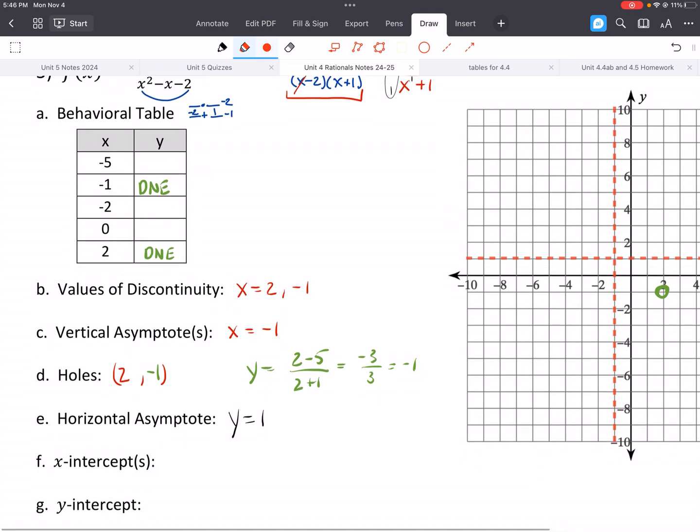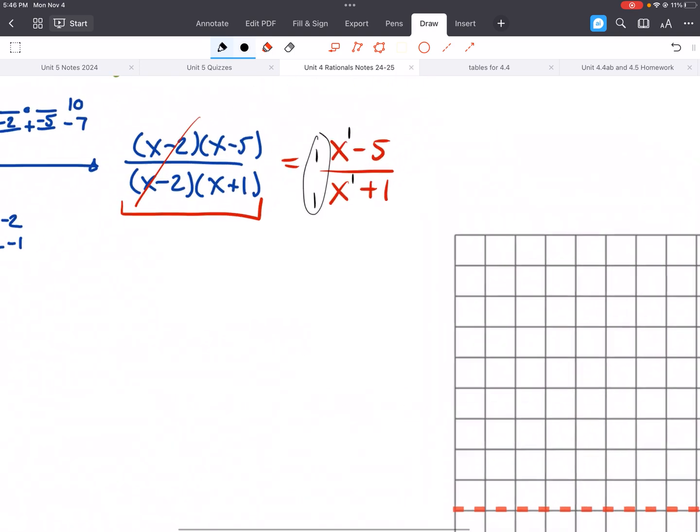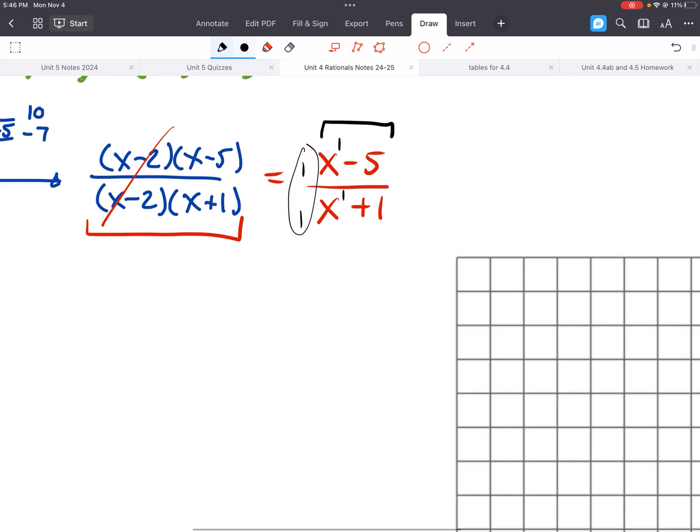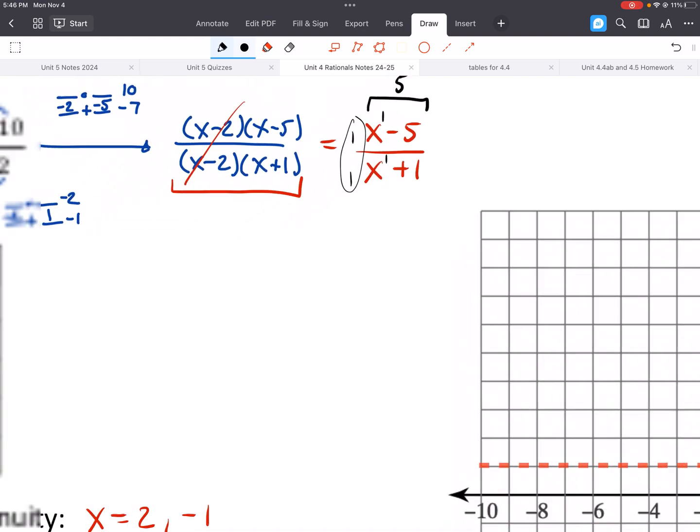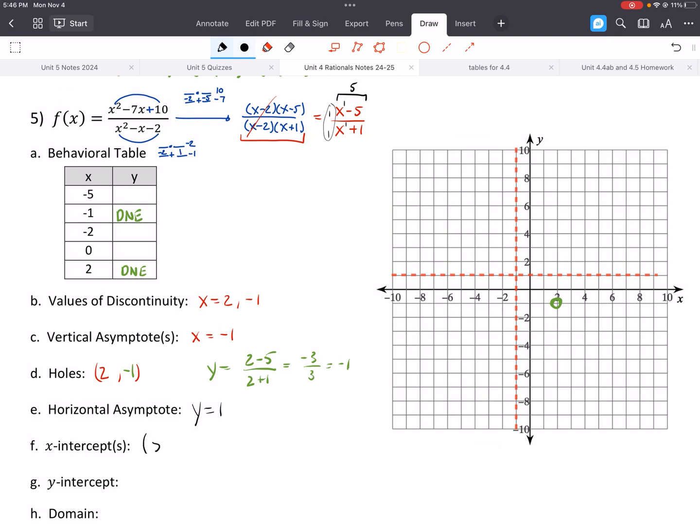Okay, so x-intercepts. Again, what makes the top 0? So look at the simplified. It would have to be 5. Okay, so (5, 0). And then for the y-intercept, again, we plug in 0 for our equation. So 0 minus 5 over 0 plus 1.